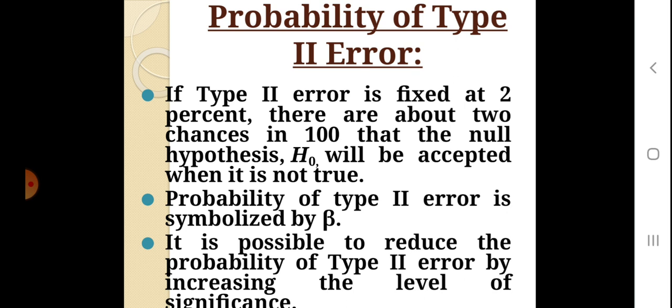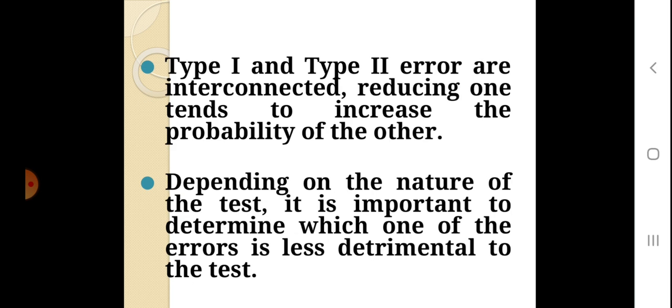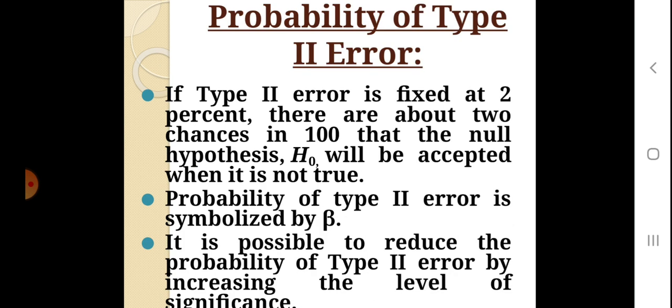See, it is possible to reduce the probability of a type 2 error by increasing the level of significance. In this case, the probability of rejecting the null hypothesis even when it is true also increases, in turn decreasing the chances of accepting the null hypothesis when it is not true.